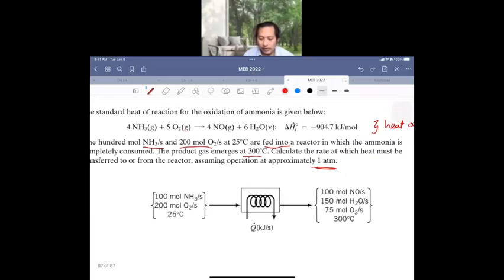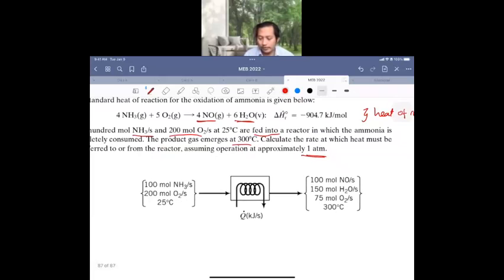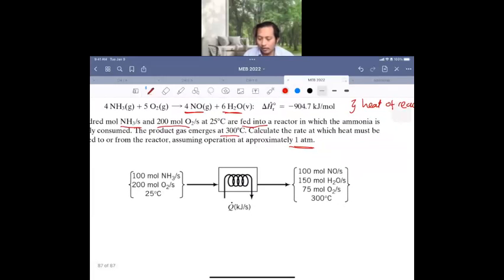Because we know that the reaction gives NO and water, we are going to have gas at the output. The ammonia will be consumed completely, and there will still be some molecules of oxygen left in the system.